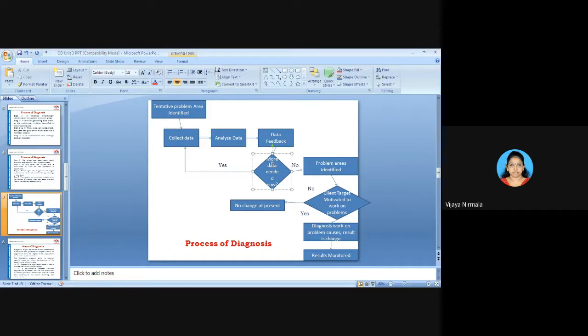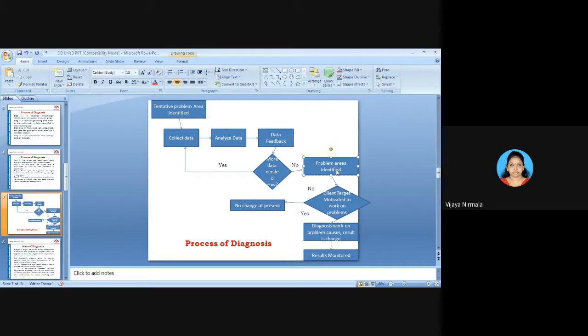And when you come to step 6, problem areas are identified. Here, the client and the practitioner both jointly diagnose and identify the likely problem areas. That is done in step 6.